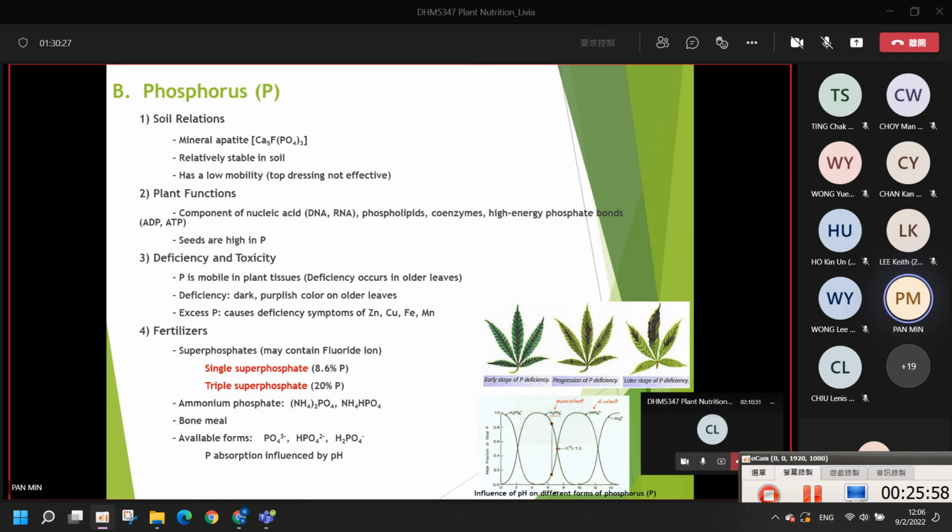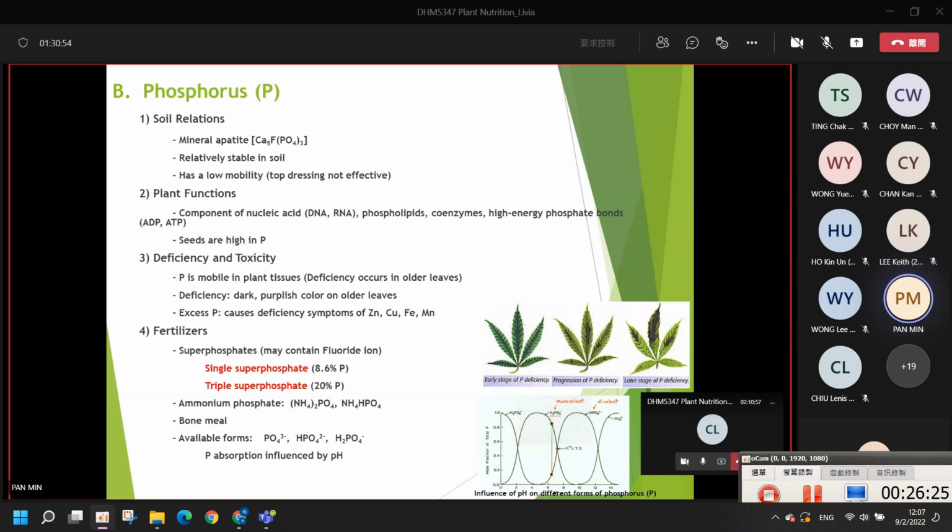By the time a visual deficiency is recognized, it may be too late to correct in annual crops, because the annual crop has just a short period of 1 year, and some crops such as corn tend to show abnormal discolorations when the phosphorus is deficient.